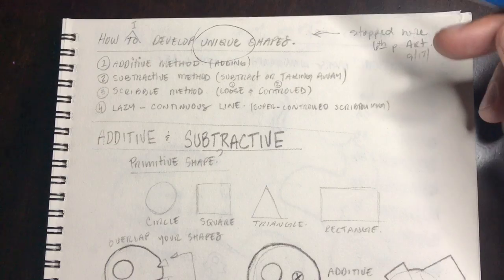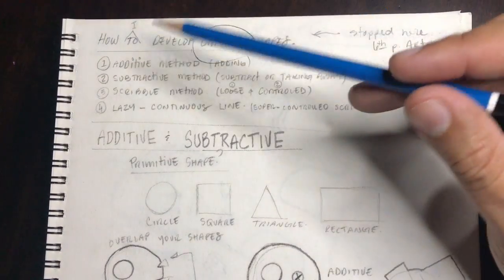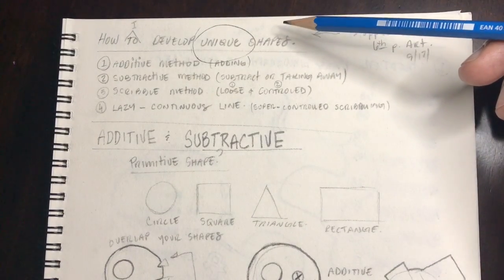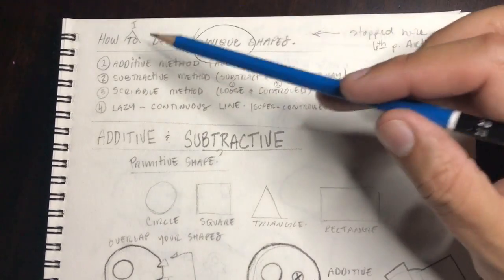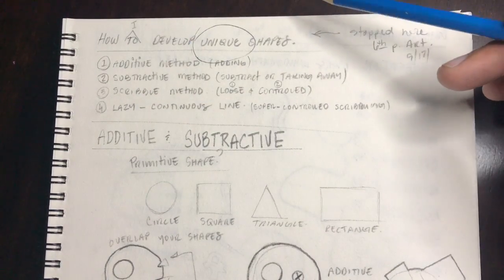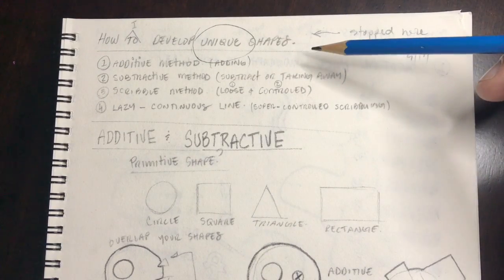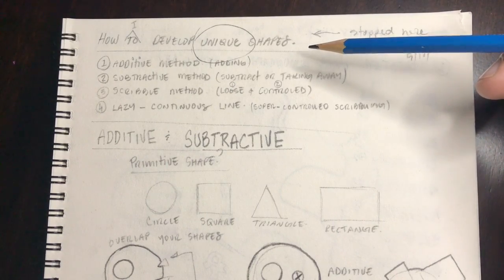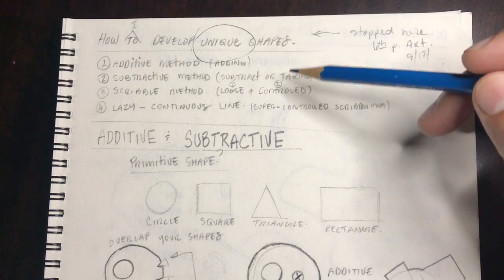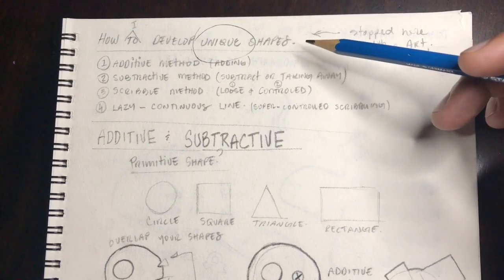Today on the 17th we talked about how to develop unique shapes, but it should have been titled How I Develop Unique Shapes. Now this and any one of these processes are nothing new. They're just part of the bigger picture of games I like to play to explore shape.